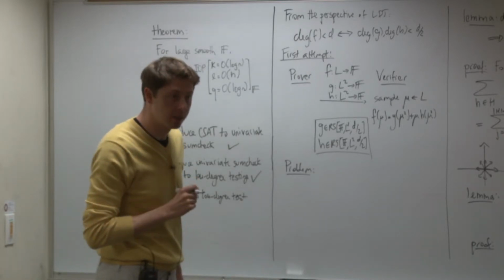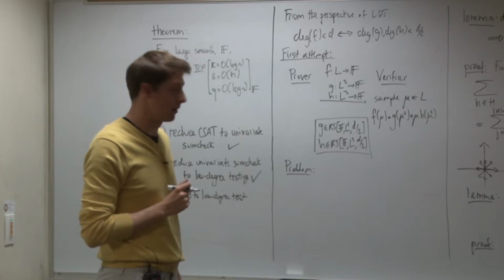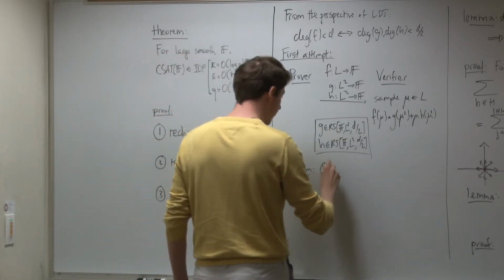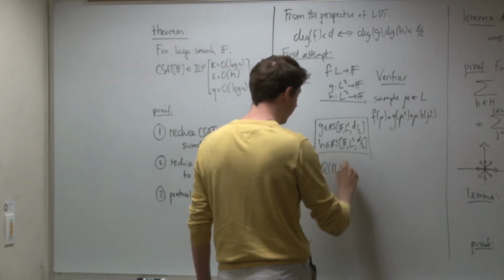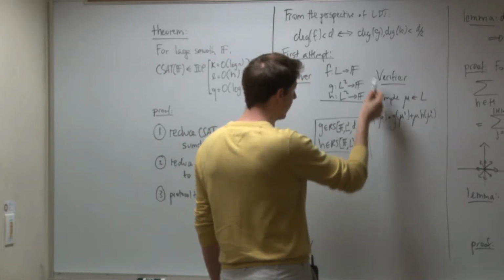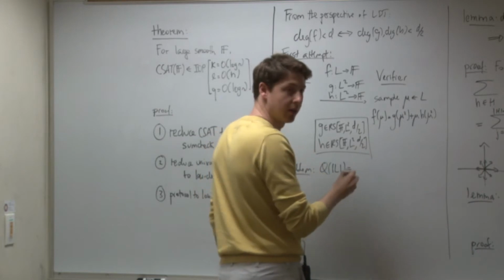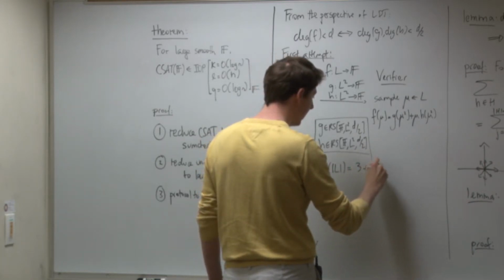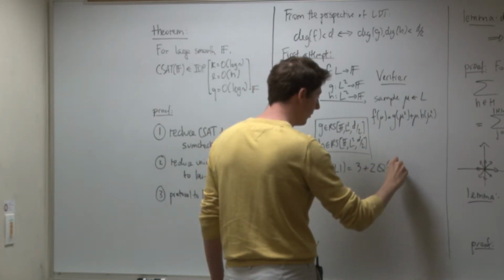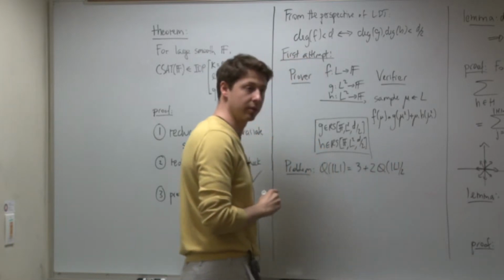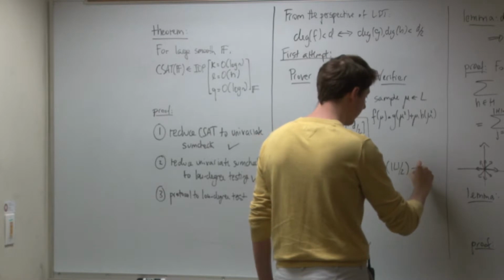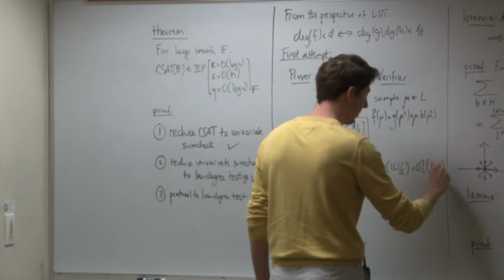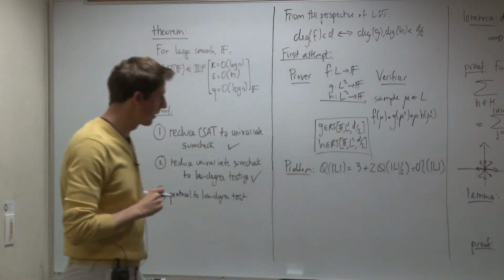It's too many, right? It's linear in L. If we write the recursion, we have Q of L equals, well, how many queries am I asking in this round? It's 1, 2, 3, plus 2 times Q of L over 2, because that's L squared. But that's linear in L. So that's not good.